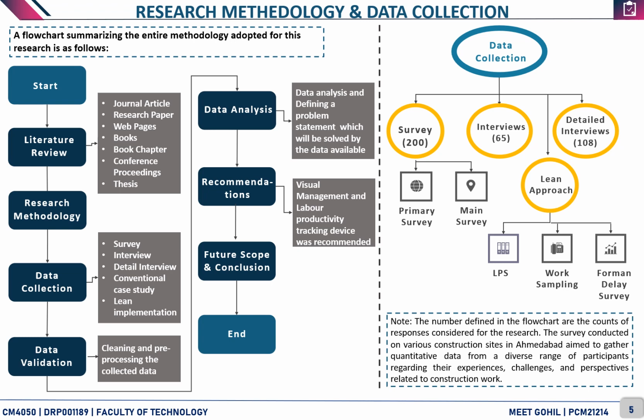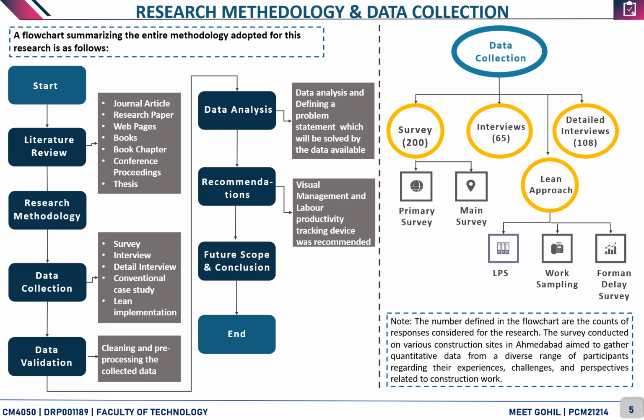Moving ahead with the lean approach, in the lean approach, last planner system, work sampling, and foreman delay survey were conducted on different sites in order to get proper data collection of the labor productivity.